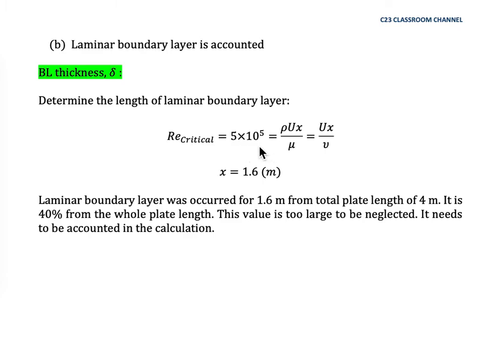We solve this equation and find that x is equal to 1.6 meters. This means that the laminar boundary layer occurs for 1.6 meters of the total plate length, which is 4 meters. It is 40% of the whole plate length, so this value is too large and cannot be neglected. It needs to be accounted for in the calculation. So you first need to verify whether the laminar boundary layer needs to be accounted for or not.